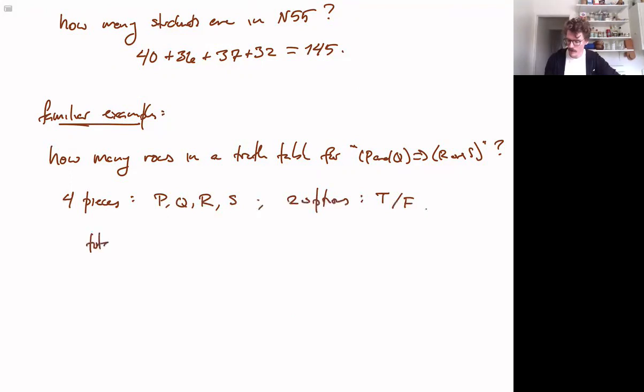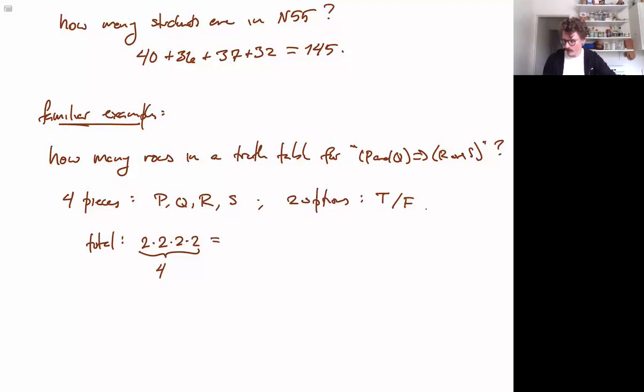So the total number of combinations, each of which gets a row in our truth table, is: 4 pieces, and each of them has two options it can be. So we just multiply 2 four times.